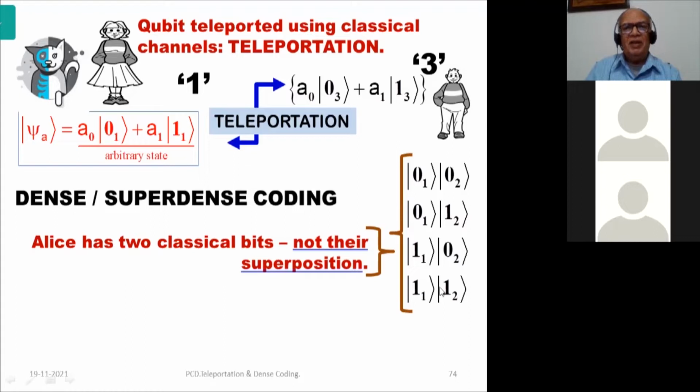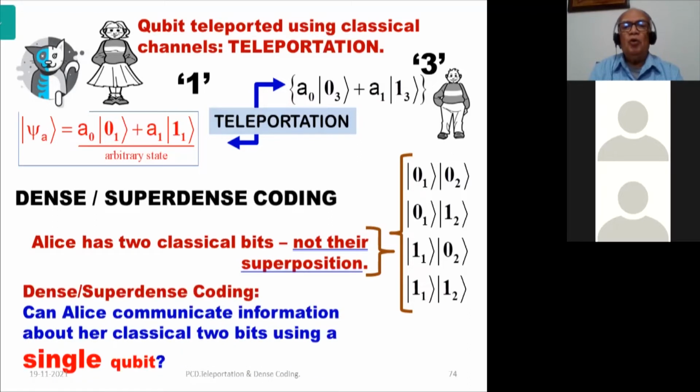These classical bits are with Alice, and she intends to send this information over to Bob, but she's going to use only one quantum bit to communicate this information. And that is where the normal limit of coding comes in, because in the normal limit, it is not possible to send this information using a single qubit. So can she achieve this using a single qubit?